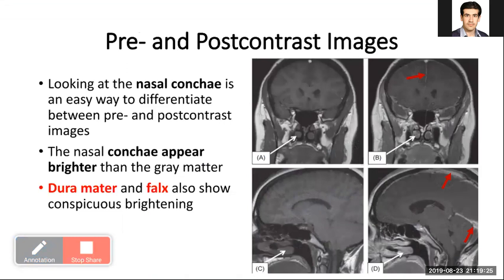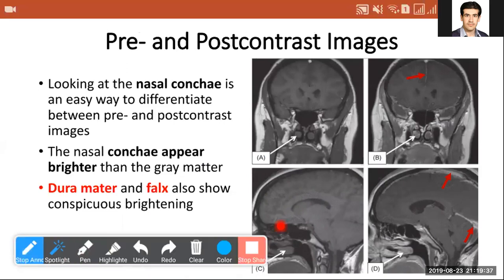How to differentiate also between pre and post contrast images. In most cases, it is easy to know whether this image is with or without contrast. Here in the A and D images, this is a coronal image, and this is a sagittal image. We can look at the nasal concha, and see that its intensity is just like the gray matter here.